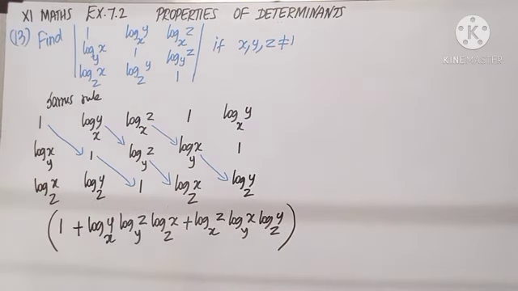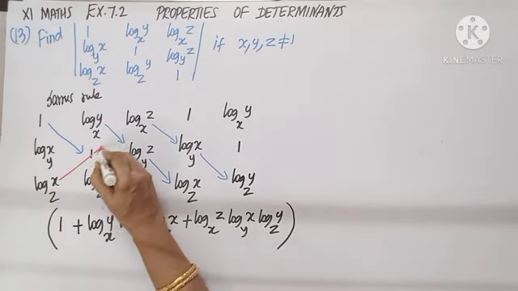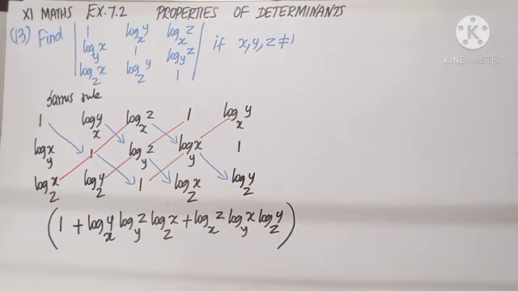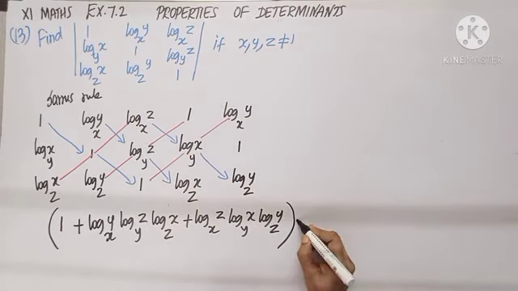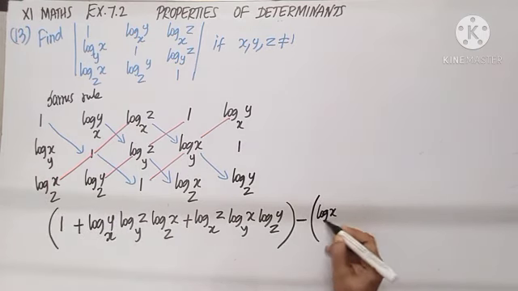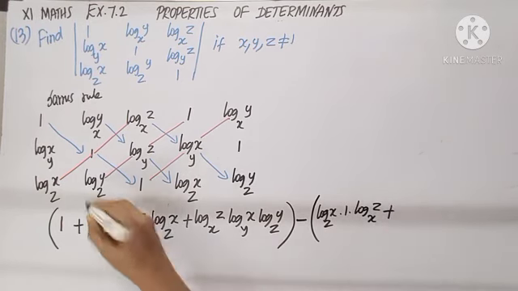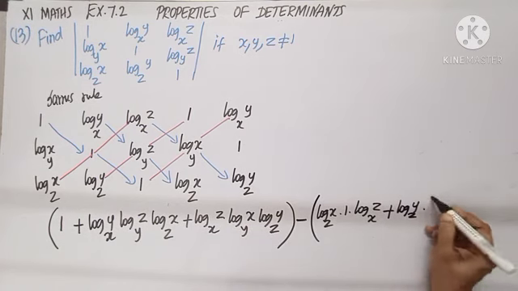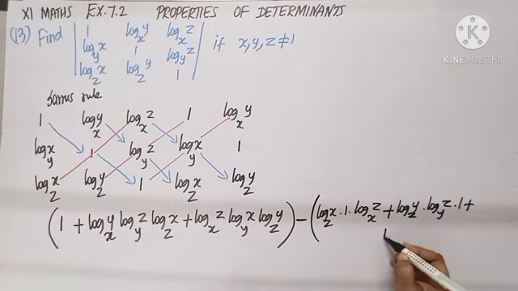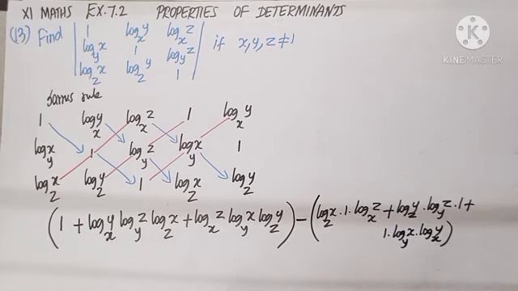And now I go on to the second product in this way. As I multiply, we put minus symbol. Log x base z into 1 into log z base x plus log y base z, log z base y into 1 plus 1 into log x base y, log y base x.